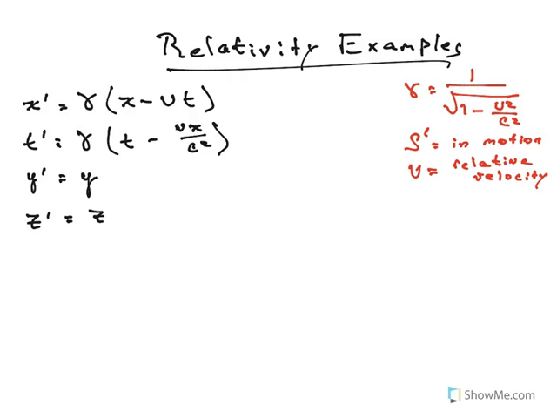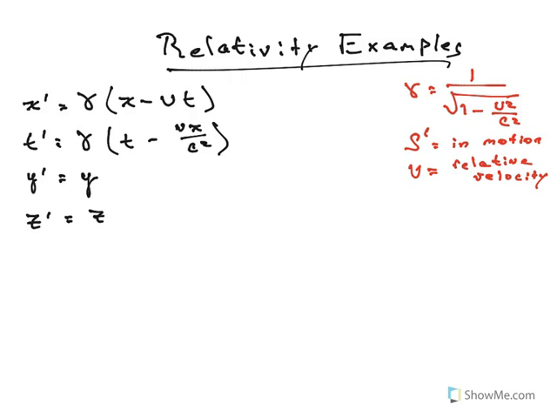And since you can always rotate your coordinate system in such a way as to make all the motion along one axis, you only have to worry about the transformations along one axis, and it's just standard procedure to make that the x-axis.